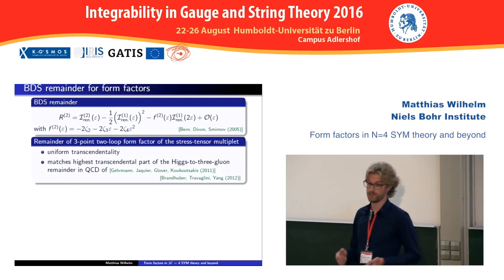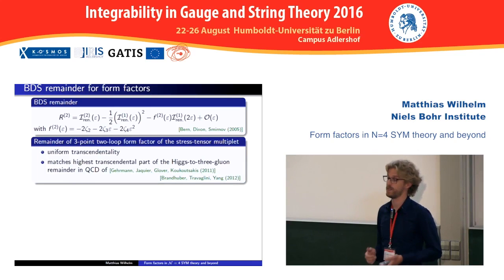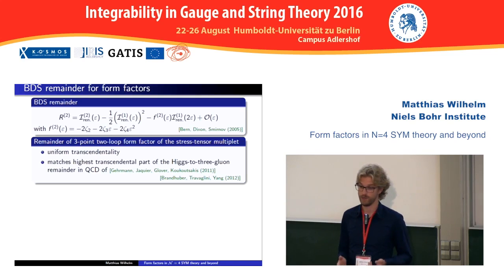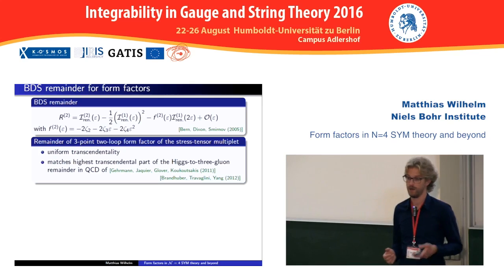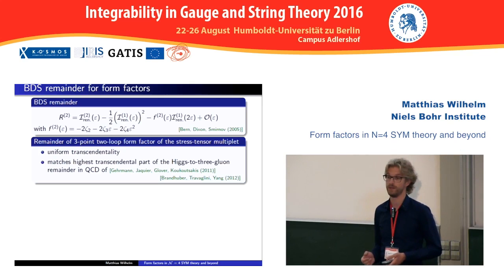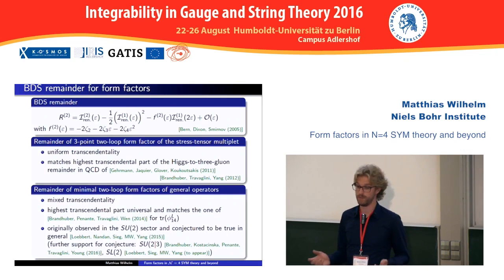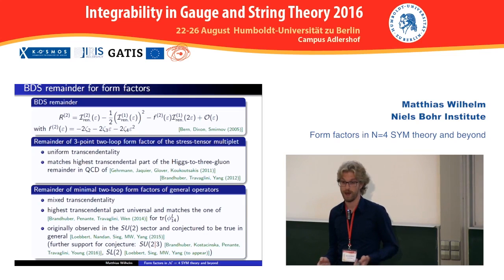For 3-point two-loop form factors of the stress tensor supermultiplet, it was found that the remainder has uniform maximal transcendentality, as in the case of amplitudes. Moreover, it matches the highest transcendental part of the Higgs to 3 gluon remainder in QCD. Looking at minimal two-loop form factors of general non-protected operators, we have found that their remainders are of mixed transcendentality.